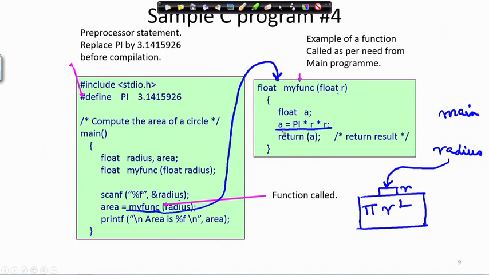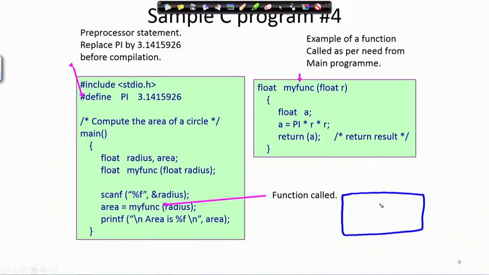It is computing the area and finding the value in its own variable a. For any program, if this function is used, then instead of radius you may have my radius or any other variable name. This will work for all of them.